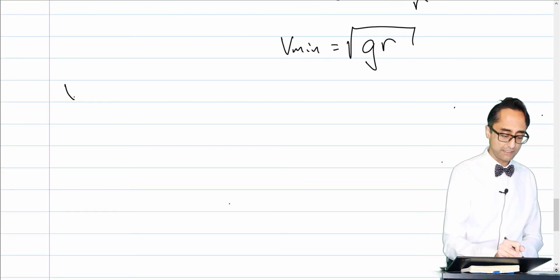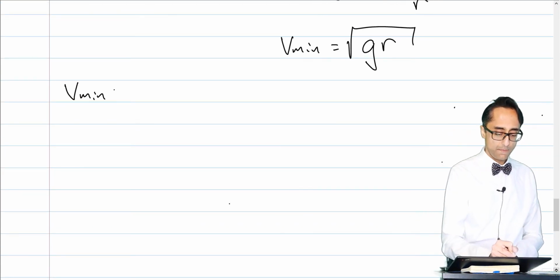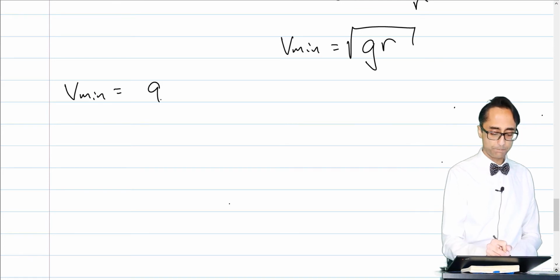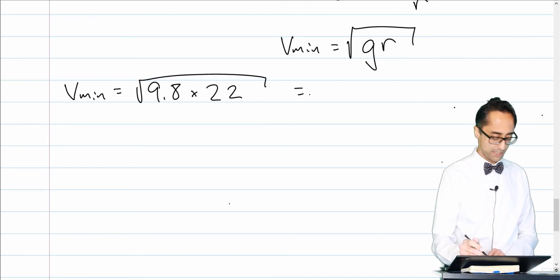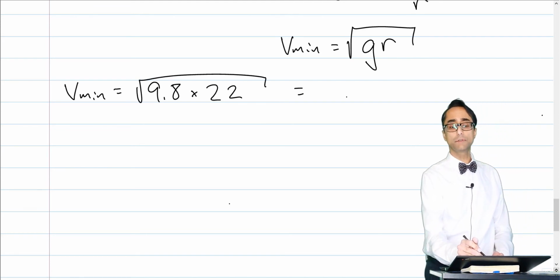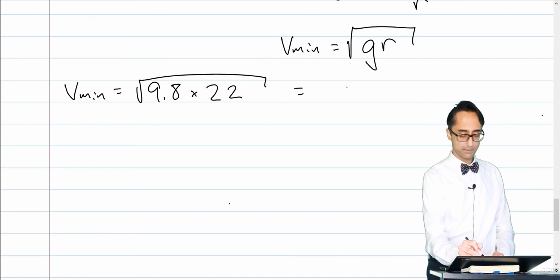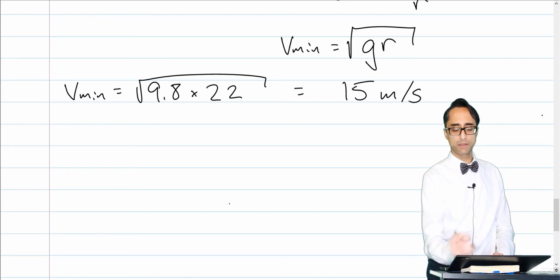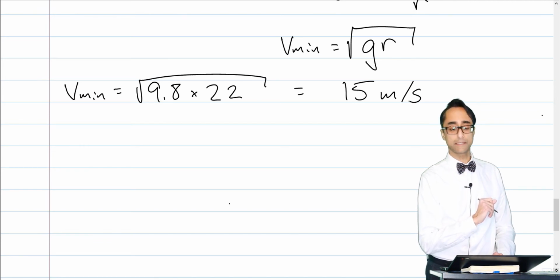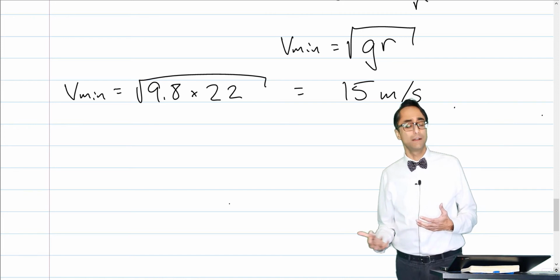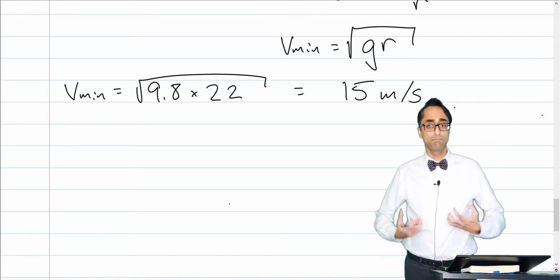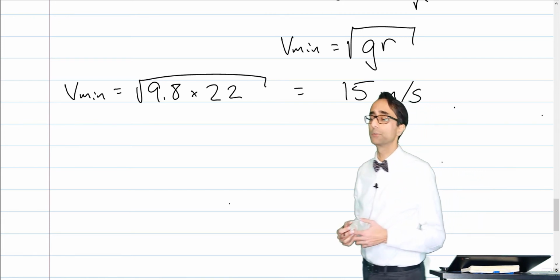And so let's actually get a value here. The minimum value is the square root of 9.8 times 22, which, throw that into your calculators, gives us a value of 15 meters per second. That's it. You can convert that into kilometers an hour if you want to understand that value a little bit better.